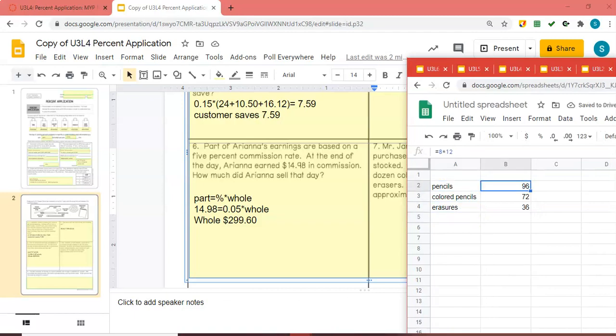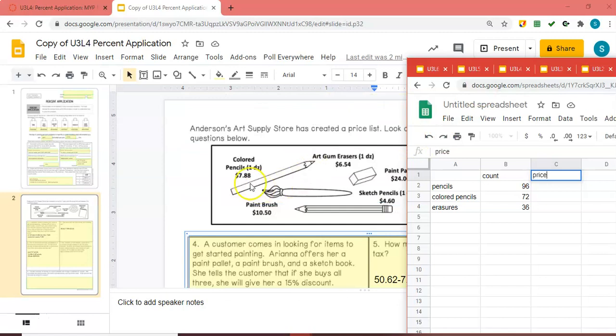So here's our count. Right, now let's go ahead and put our prices up here. So for our colored pencils, 1 dozen. Oh, I guess these come in boxes of 1 dozen. So rather, we have 6 boxes, and that was $7.88. Our sketch pencils for 1 dozen, and we had 8 dozen of those, was $4.66.